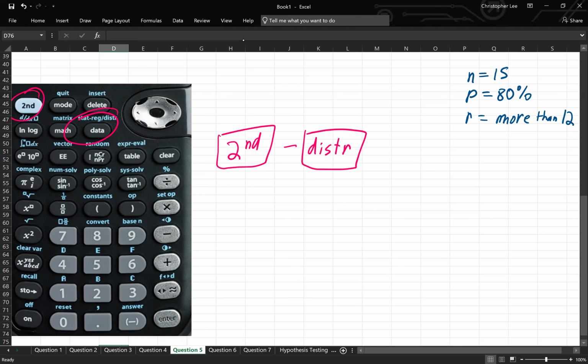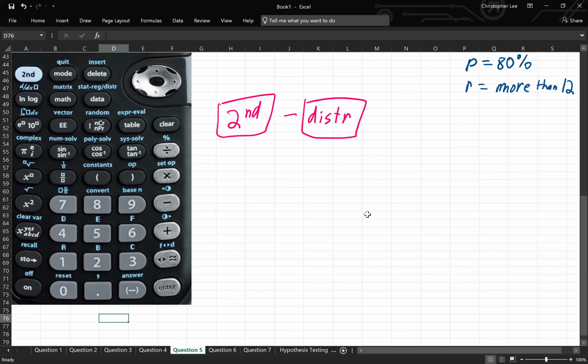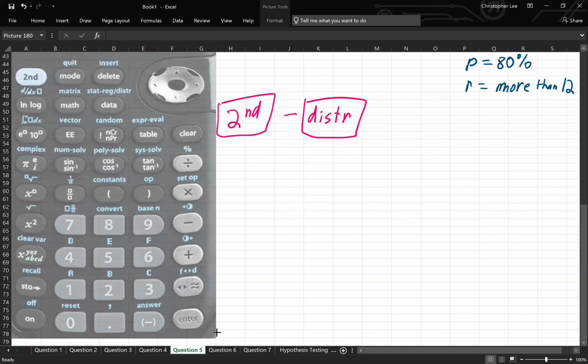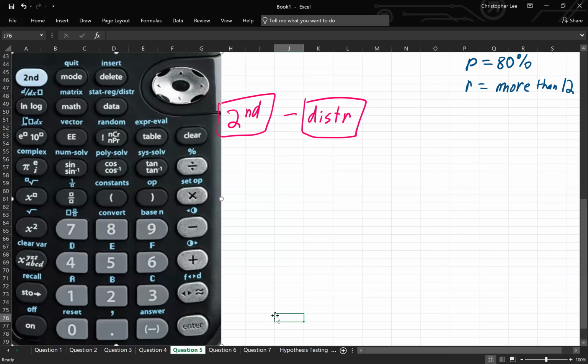I can make this a little bit bigger. This might be a little small on the screen. Second and then distribution, that's what you're going to press.